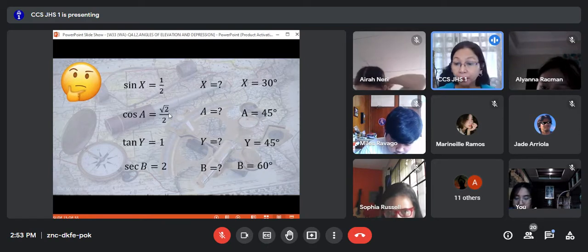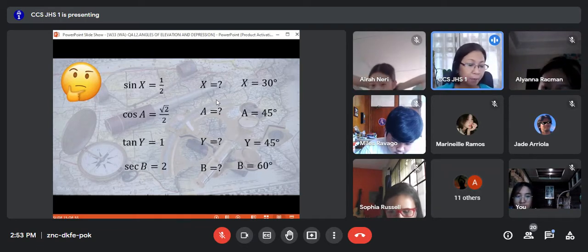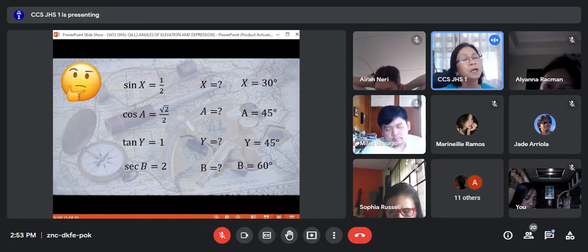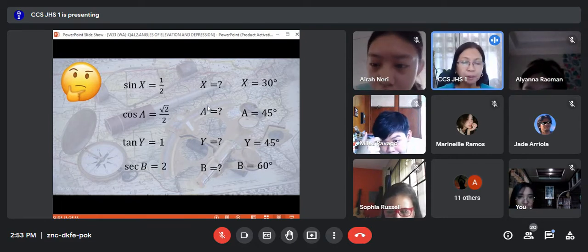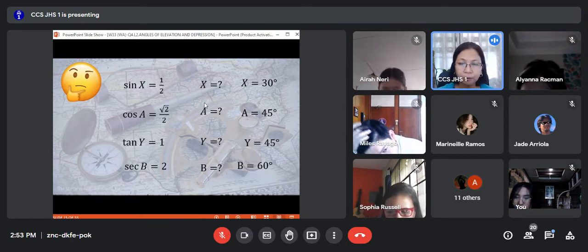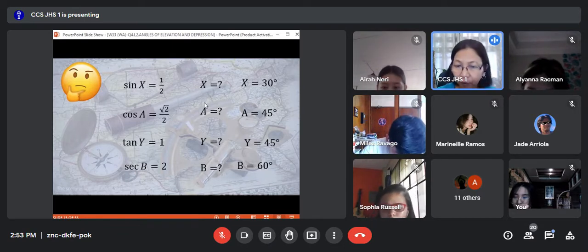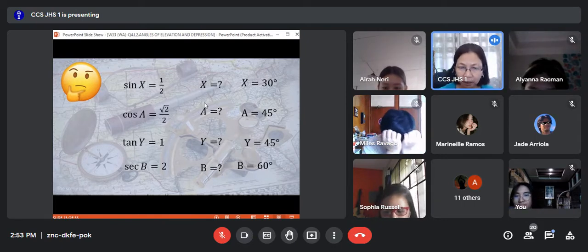Sine to the power of -1, and then cosine power -1, tangent power -1. These are not exponents, class, but these are symbols for inverse function. Again, inverse function, how to find the angle.